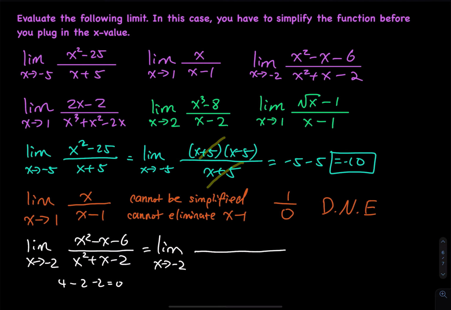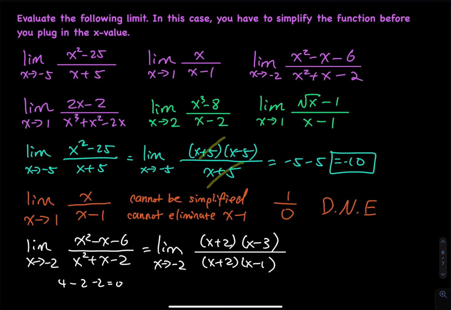So factor the top. Can you do it in 2 seconds? The top, you have x plus 2 and then x minus 3. So 2 times negative 3 is negative 6, 2 minus 3 is negative 1. And then the bottom, you have x plus 2 and then x minus 1. Okay, what is our enemy?